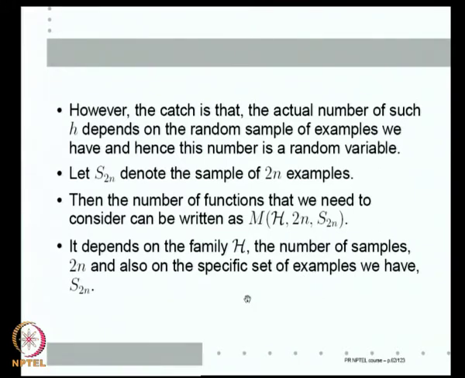Okay. What do I do about that? The number of distinguishable functions in h, distinguishable based on a sample of 2n examples, which we now write with the symbol m of h, 2n, S2n, is random because it is a function of the specific 2n samples.